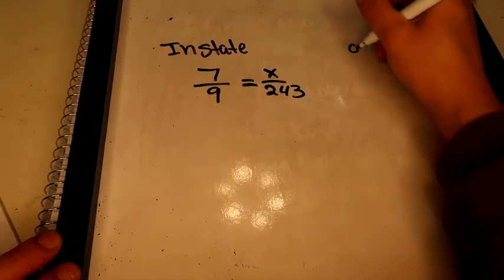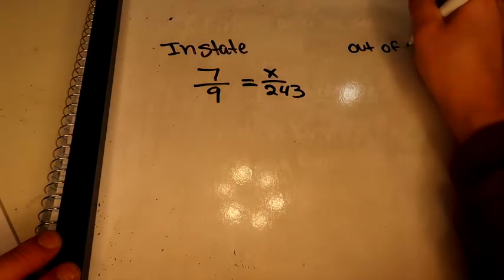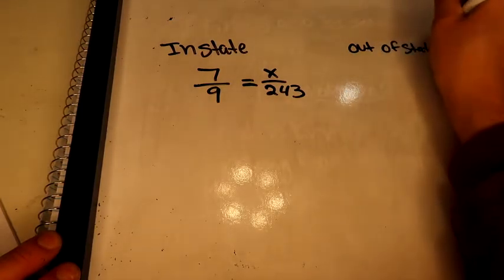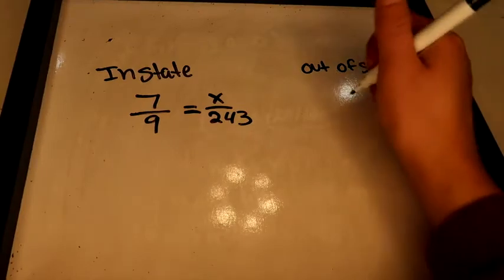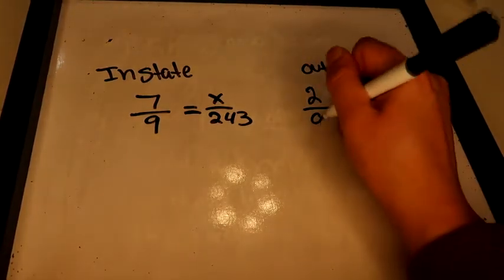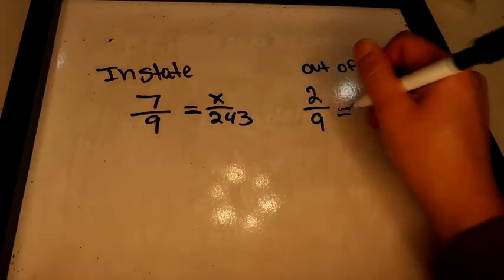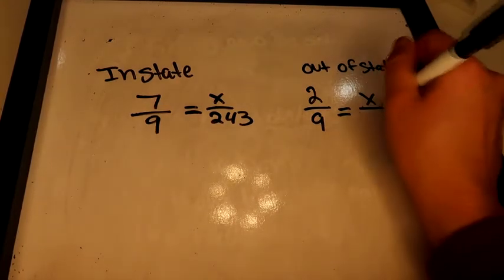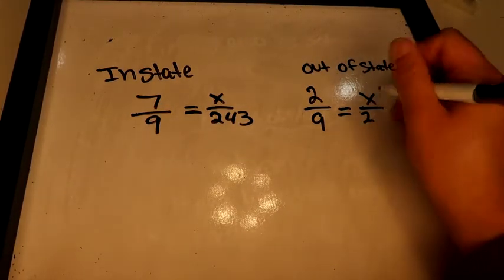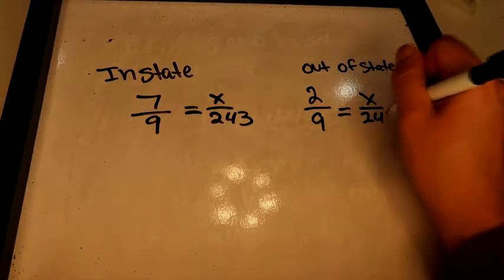Out-of-state would be 2/9 is equal to x over 243.